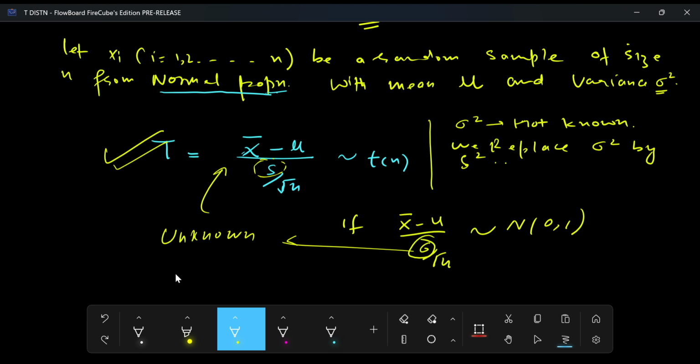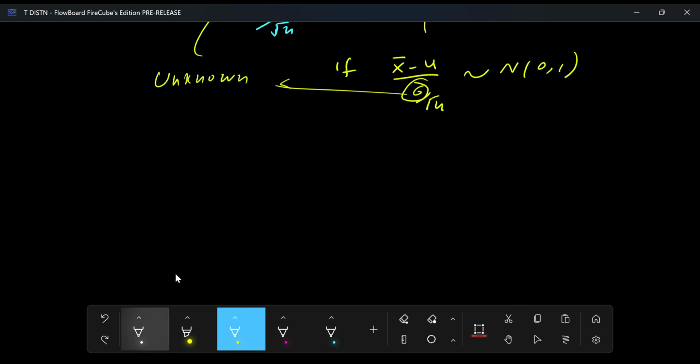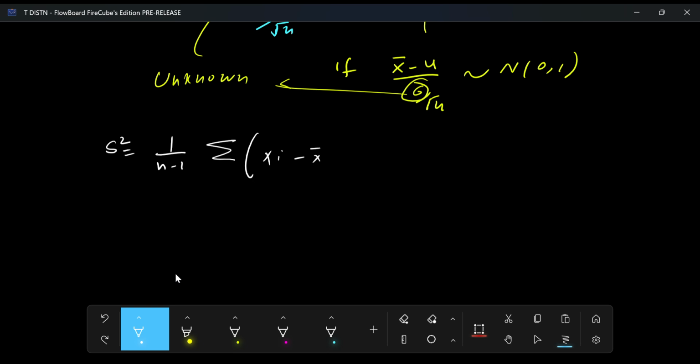Whenever sigma or sigma square is unknown, we replace sigma square by s square and the distribution will be called T distribution. Here s square will be 1 upon n minus 1 summation xi minus x bar whole square, where i is equal to 1 to n. And this s square will be an unbiased estimator of sigma square.